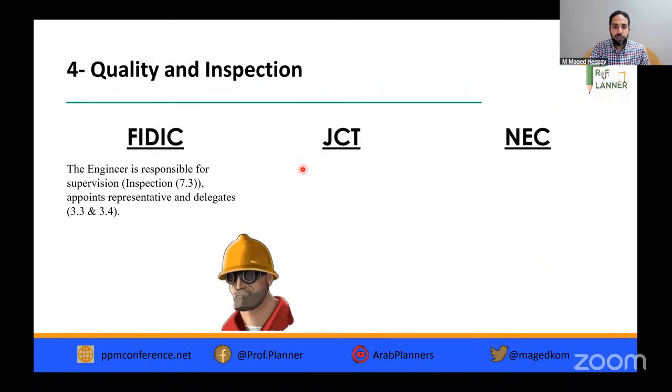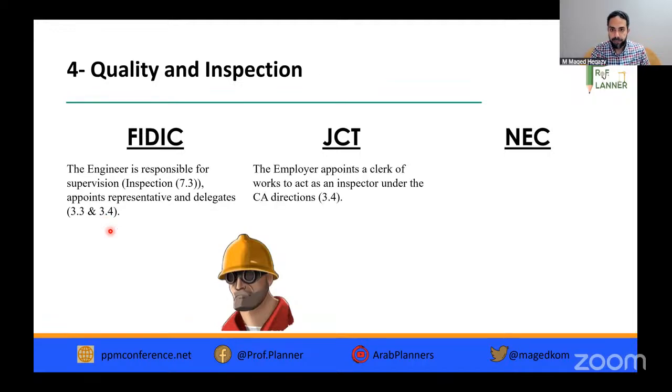Quality and inspection. The FIDIC engineer is responsible for supervision and doing inspection, as we saw in the FIDIC, under subclause 7.3, and appoints a representative and can delegate responsibilities under 3.3 and 3.4. In GCT, the employer appoints a clerk of works to act as an inspector under the contract administrator's directions, 3.4.